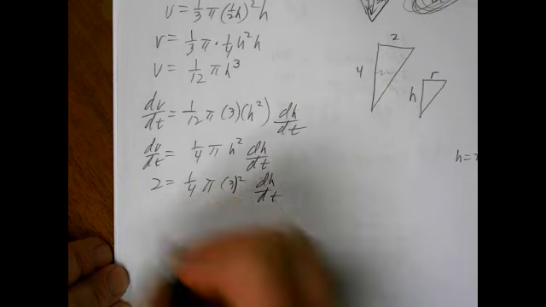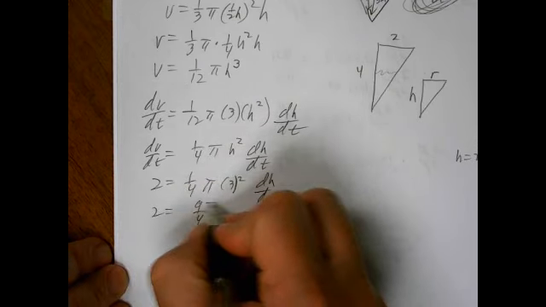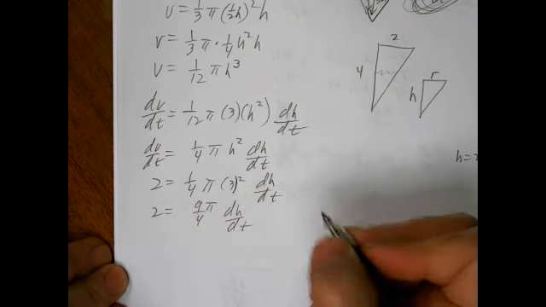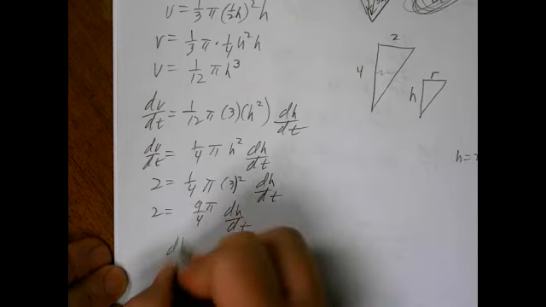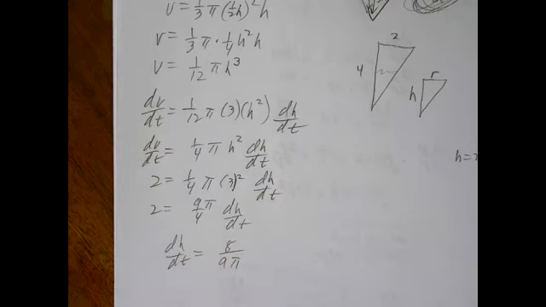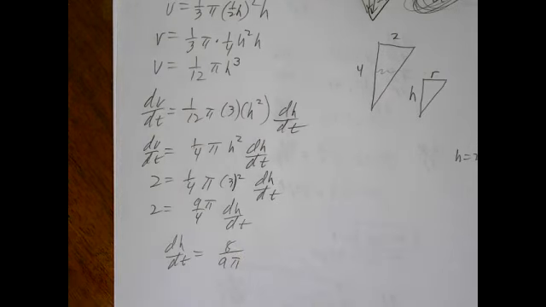All right, so 2 equals 9/4 pi dH dt. Multiplying by the reciprocal, dH dt would then be 8/9 pi. Okay, 8/9 pi is, again, an exact answer. If you feel inclined to plug that into a calculator, be my guest.